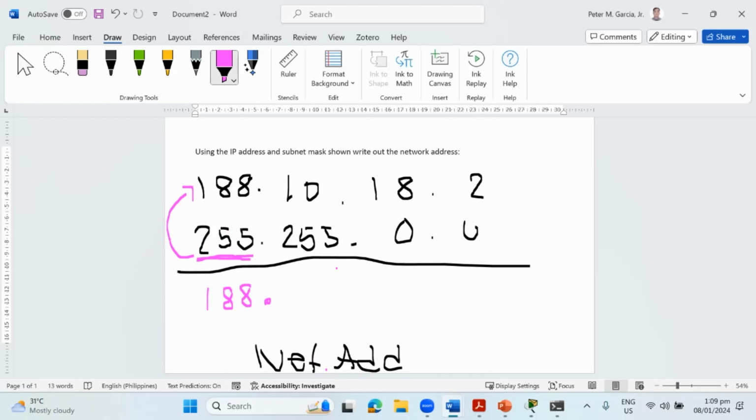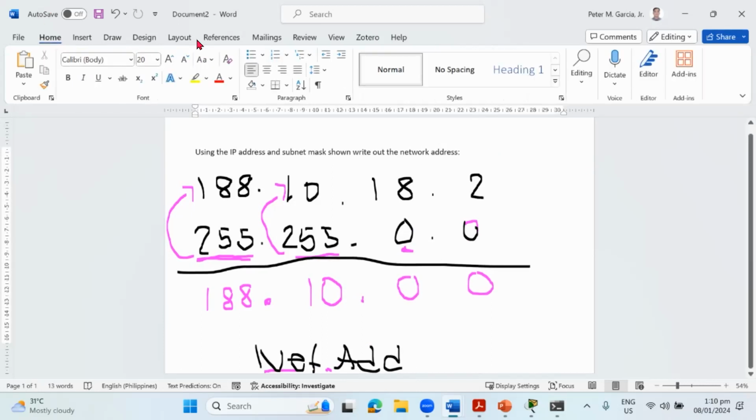Next, 255 tapos 10. So 255 siya, kapag hinahanap ay network address, just simply copy the value above. And 10. Then kapag network address ang hinahanap at 0 ang subnet mask mo, automatically it becomes 0.